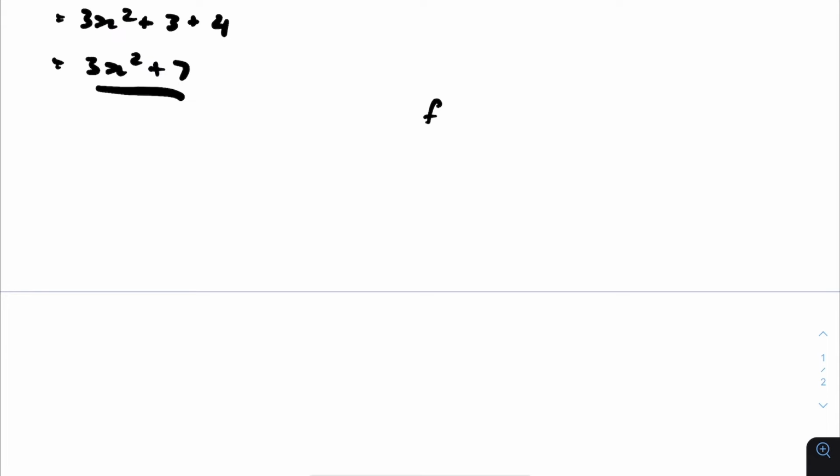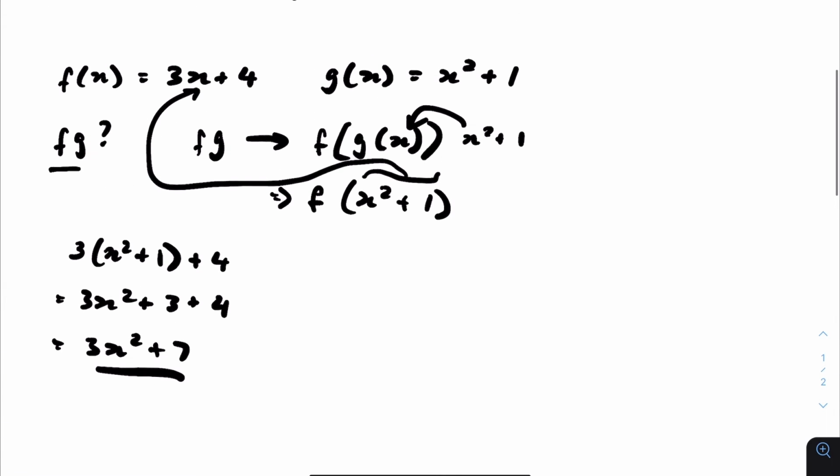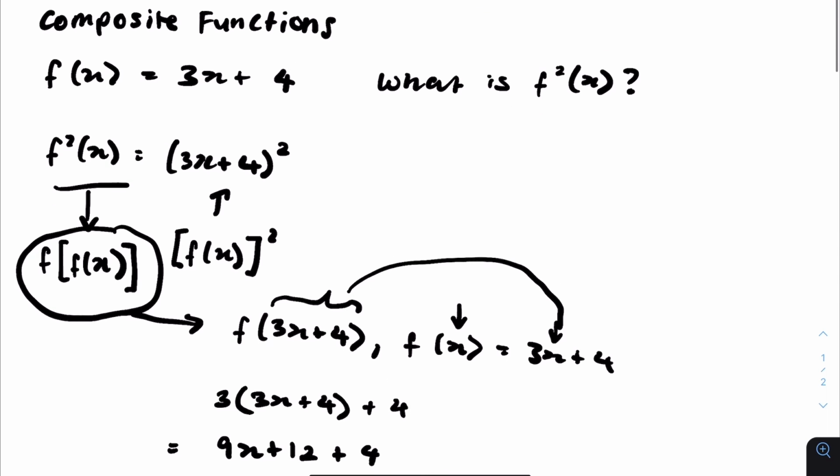For example, for f of g of h of i of j, j will be put into i first, then i of j will be put into h, then h of i of j will be put into g, then g of h of i of j will be put into f. It's quite tedious when you get to longer expressions, but you shouldn't get more than 2 or 3 in CIM at least.